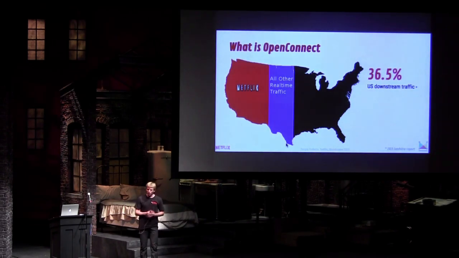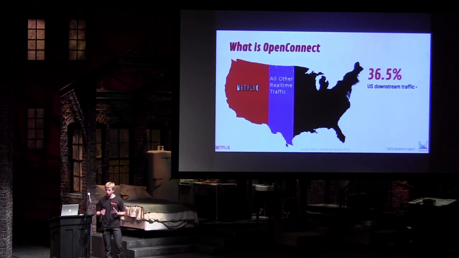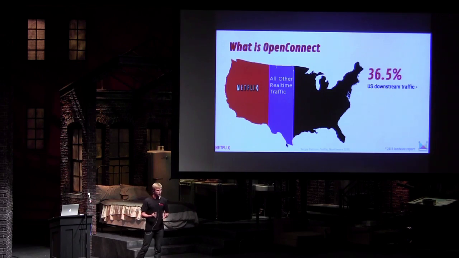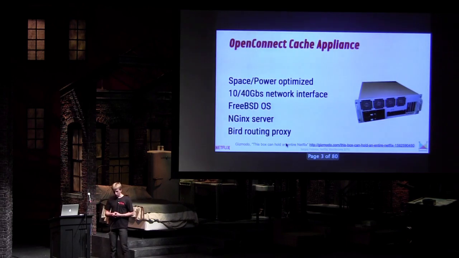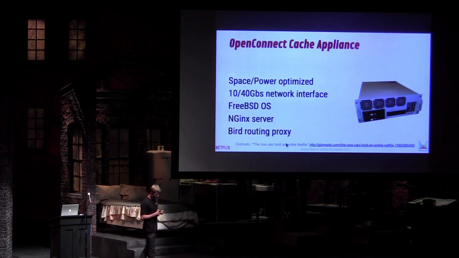As you might know, Netflix is responsible for more than a third of all internet traffic in the US during peak hours. And in short, OpenConnect is the content delivery network that sends all of those bits. In a bit more detail, OpenConnect is a network of cache servers like the one on the slide.